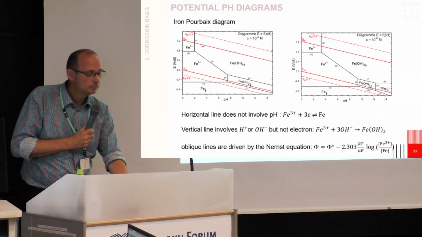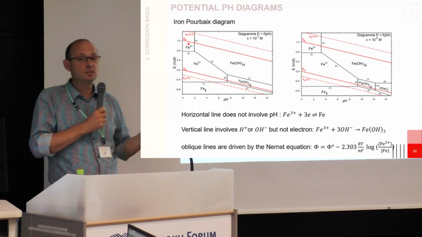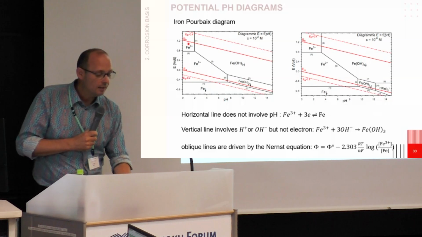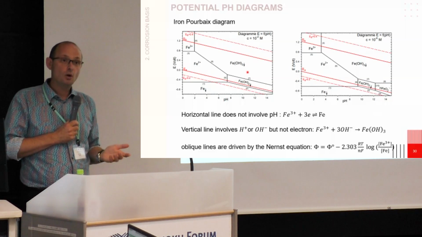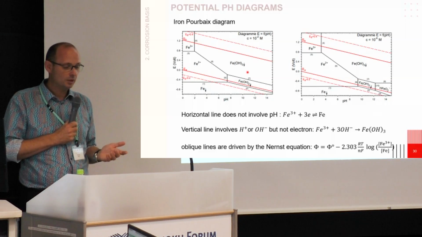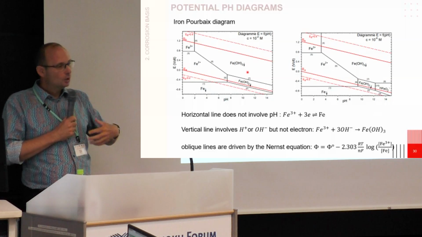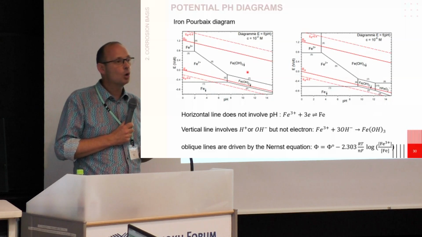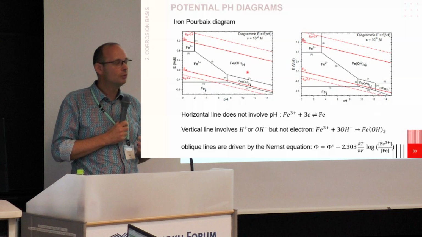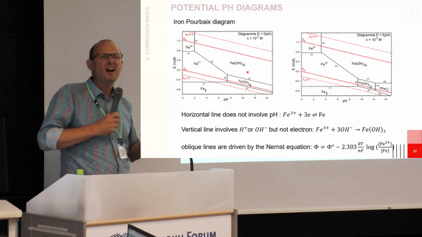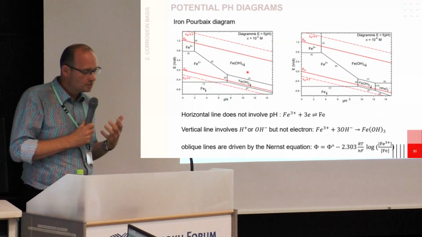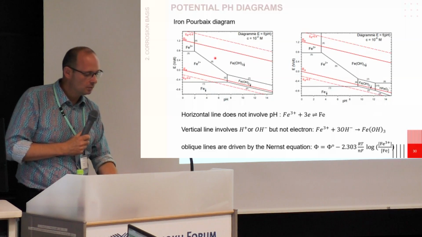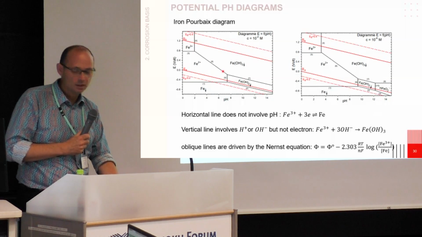They can attract each other because one is positive and one is negative, and they can generate hydroxide. And when the equation is more complicated because you need to involve electrons, iron, and oxygen in the reaction, you will have these oblique lines.